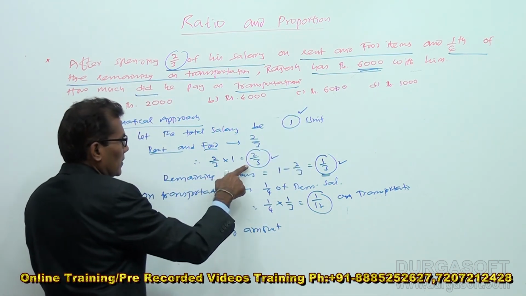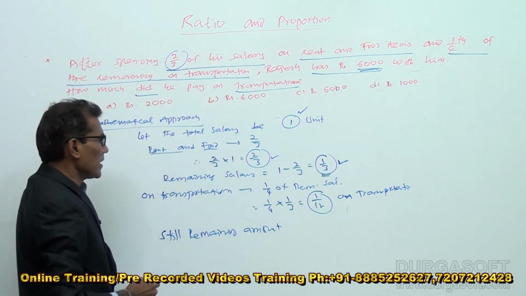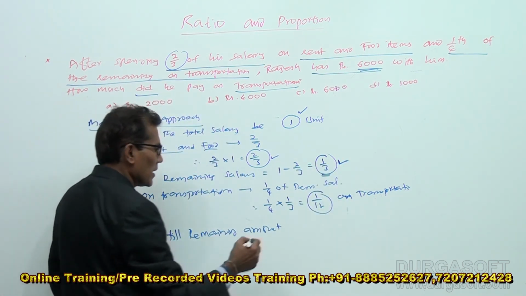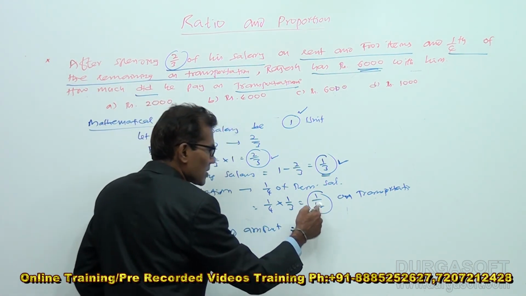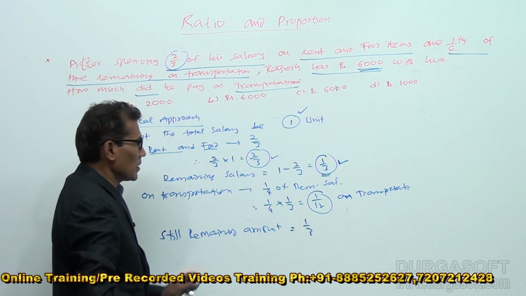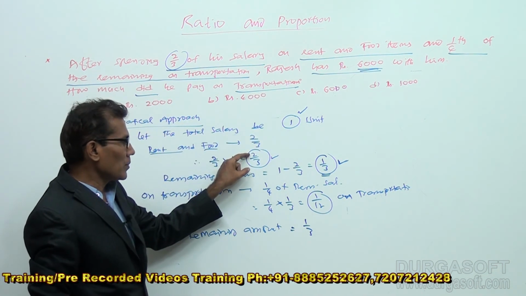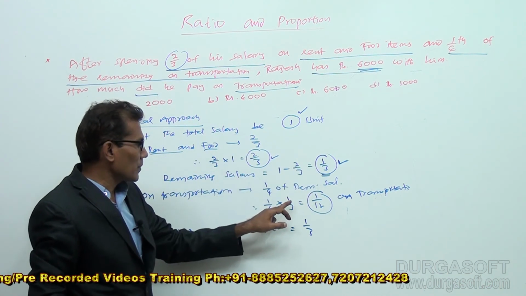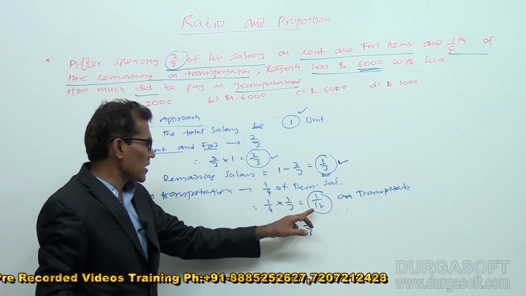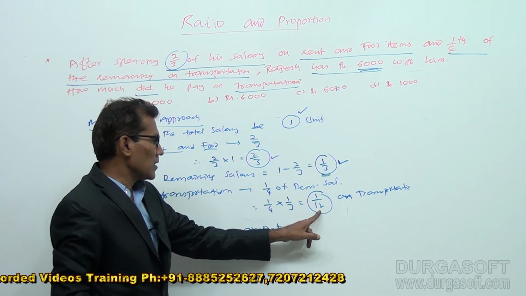He spent 2/3 and has 1/3 of the salary left. From the remaining 1/3, he spent 1/4, that is 1/12, on transportation.